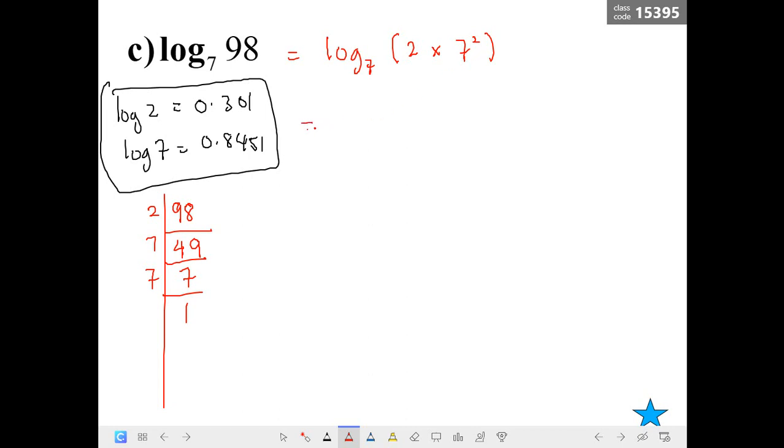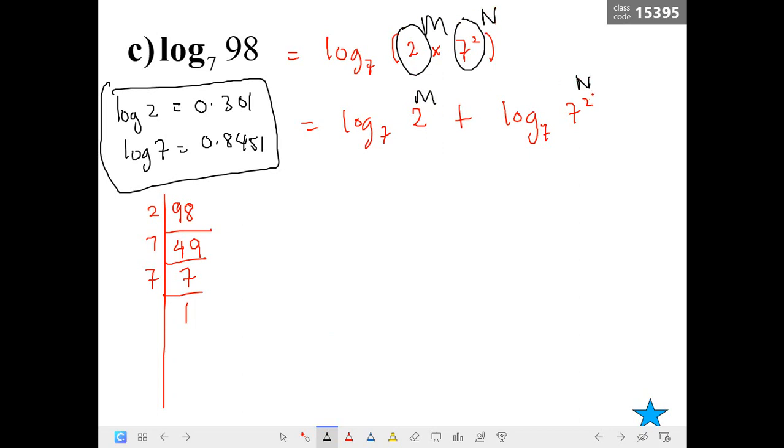Okay, use the first law, separate: log 2 plus log 7 squared to the base 7. Why? Because it can be separated. Assume this is m, this is n. So m, n, separate into two terms.